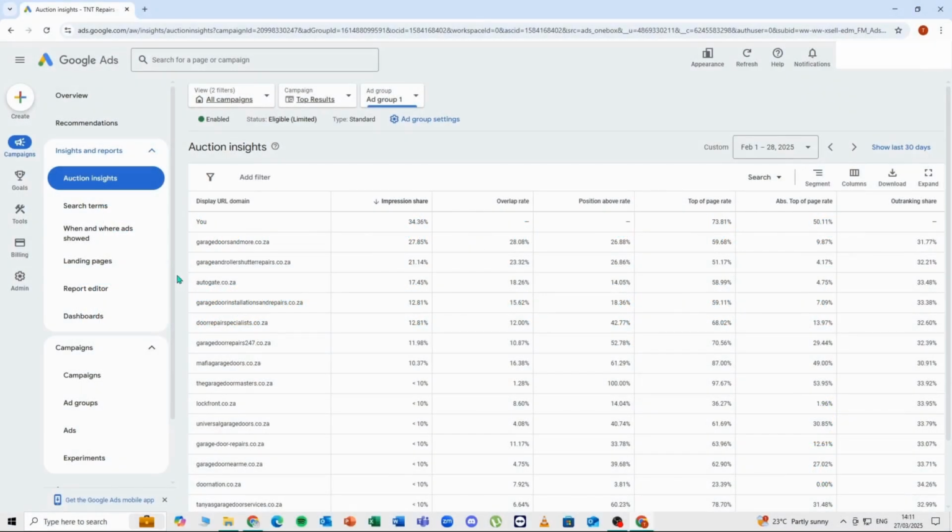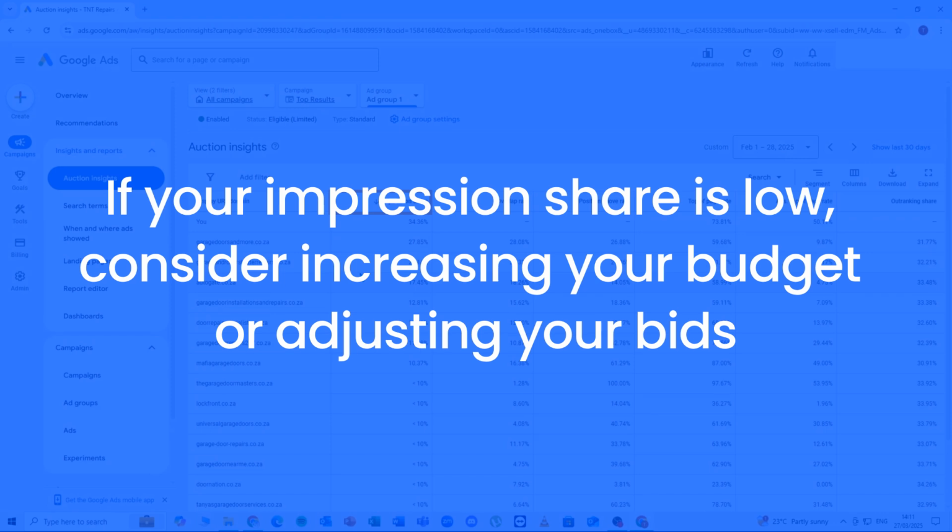All right, now that we understand these metrics, how do we apply them to improving our campaign performance? Okay, so impression share. If you feel that your impression share is low or not high enough, then you've got to consider increasing your budget or adjusting the amount that you spend per bid.